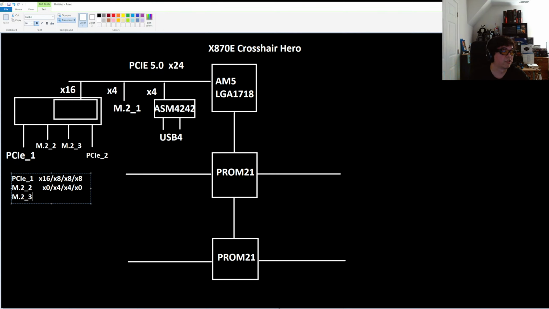M.2_3 can either run at 0 or, I gotta think about this for a second, 0 or 4.